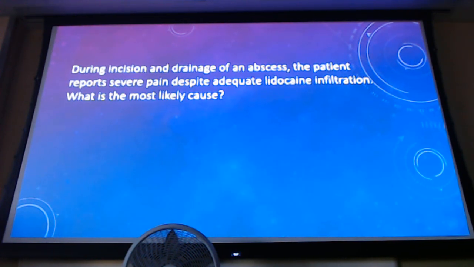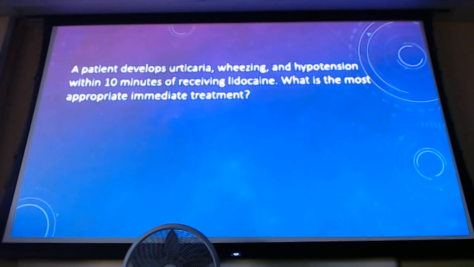All right, during I&D of an abscess, the patient reports severe pain despite adequate lidocaine infiltration. What's the most likely cause? Why didn't it work? Infection. Local infection causes that tissue acidosis and it doesn't uptake well. Good. All right, a patient developed urticaria, wheezing, hypertension within 10 minutes of receiving lidocaine. What's the most appropriate immediate treatment? First of all, what'd you do?